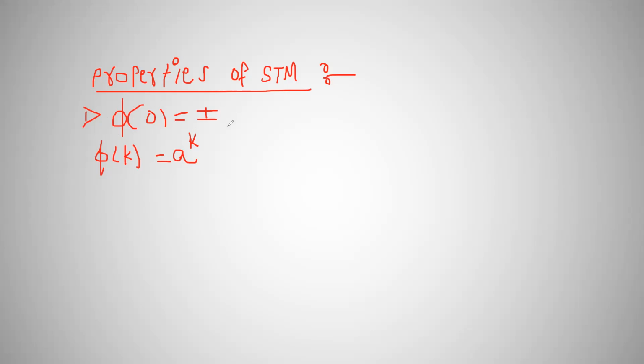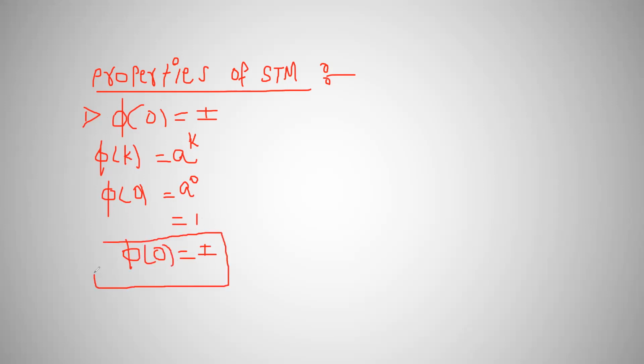Phi of 0 is equal to I. Phi of 0 is equal to A power 0, and A power 0 is 1, so it is the identity matrix I. Hence the first property is proved: phi of 0 is equal to I.